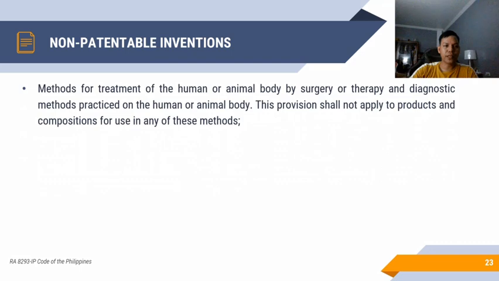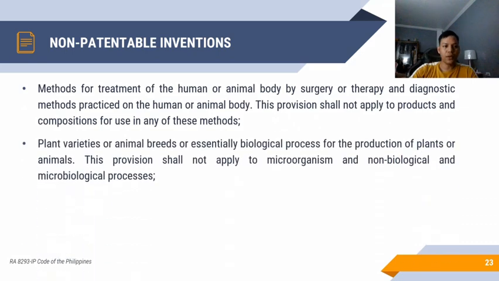Also methods for treatment of the human or animal body by surgery or therapy, and diagnostic methods practiced on the human or animal body. So this provision shall not apply to products and compositions for use in any of these methods. Also plant varieties or animal breeds, or essentially biological processes for the production of plants or animals.